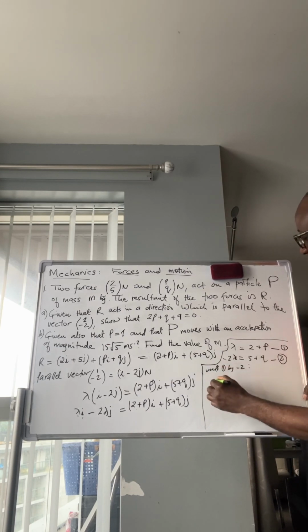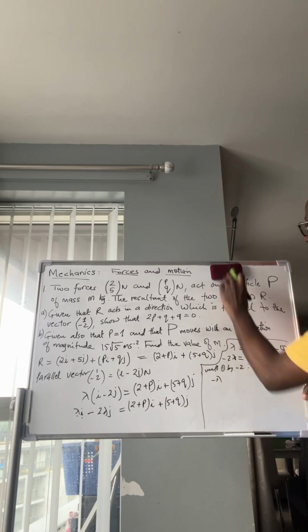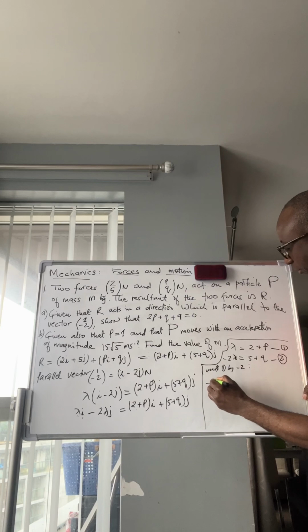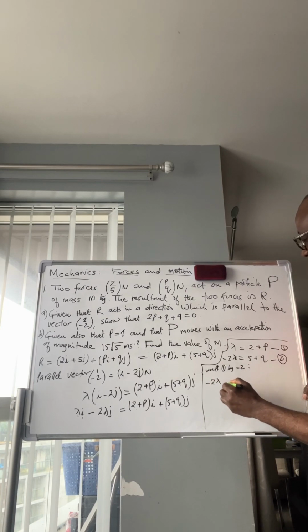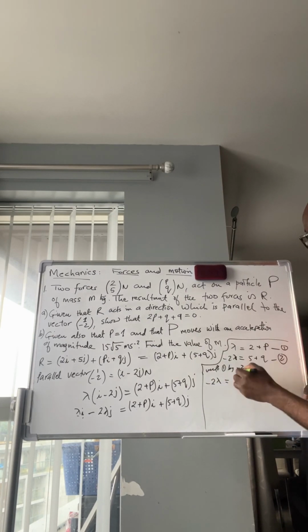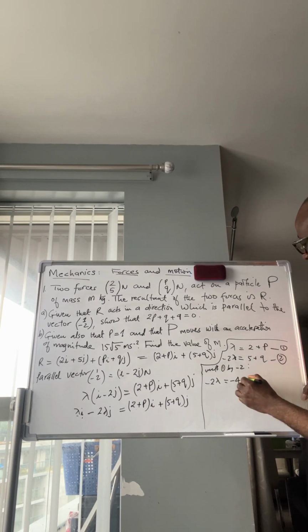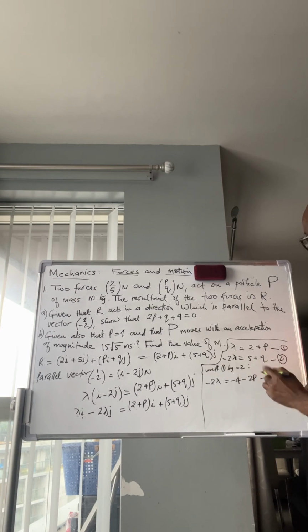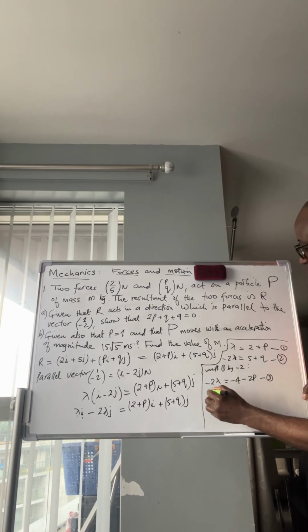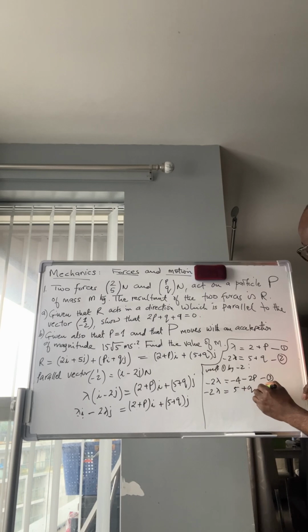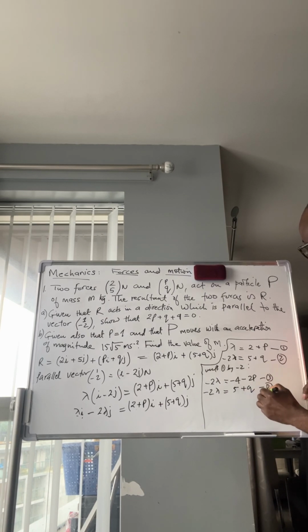So I'll be getting minus 2 lambda equals, I multiply by minus 2, this will now be minus 4, minus 2p. I will call this equation 3. Then I still bring my equation 2, which is minus 2 lambda equals 5 plus q. This is still my equation 2.